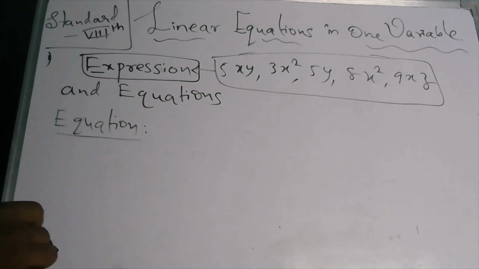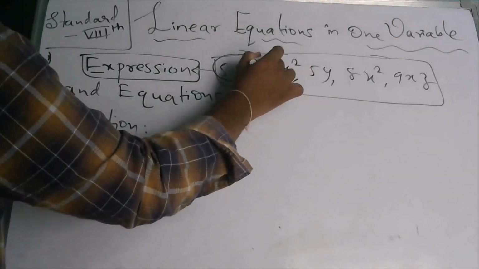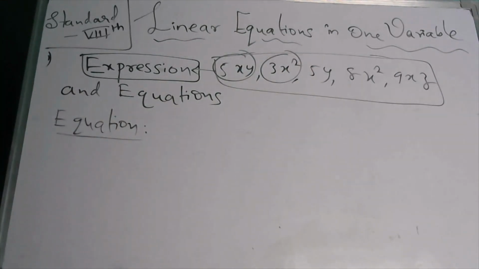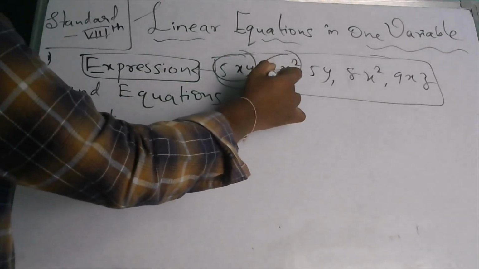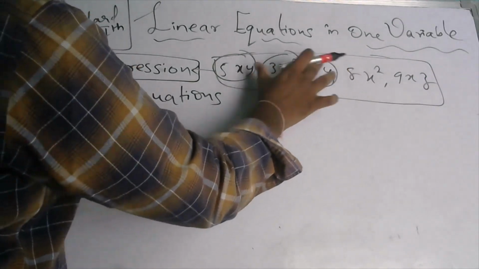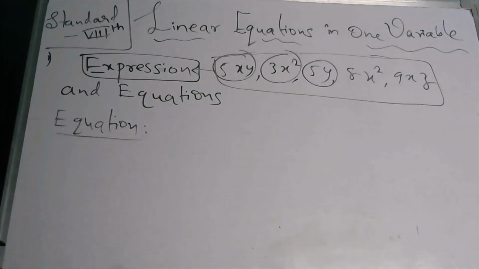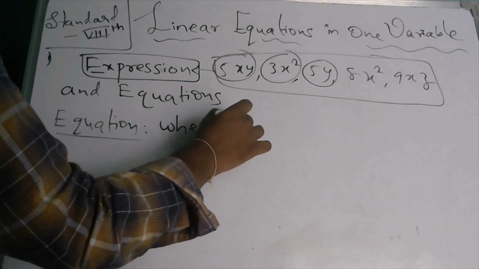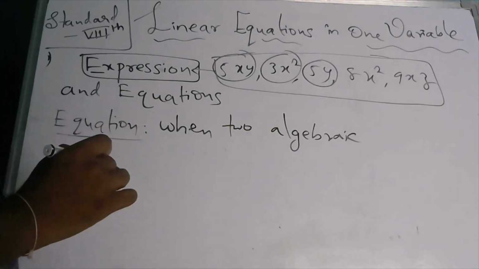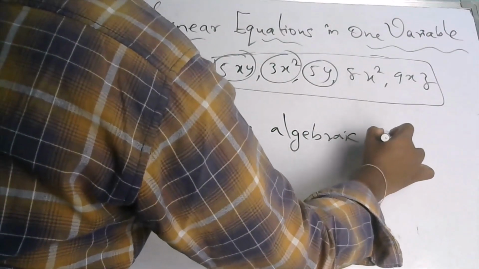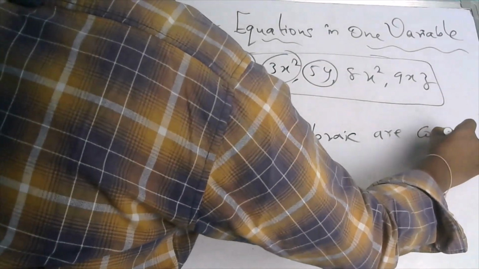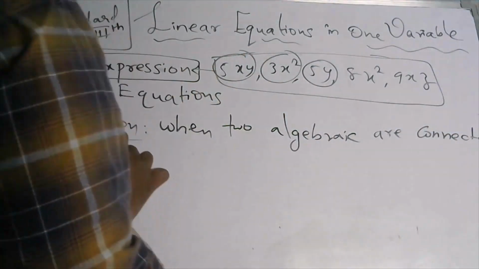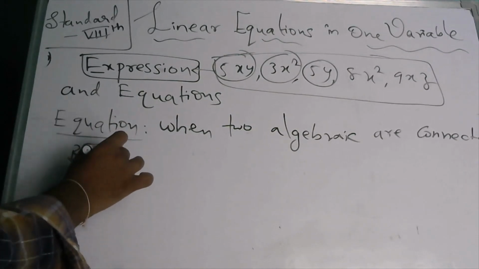So what is the term of equation? Equation means, this is one expression, this is another expression, this is another expression. These all are different expressions we have now. So what is equation? Equation means when two algebraic expressions are connected by equal sign.